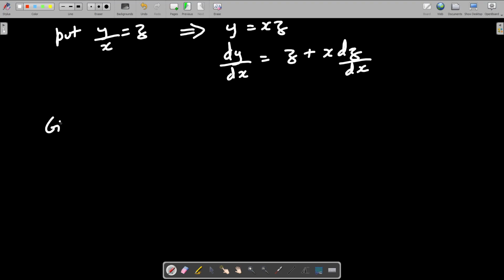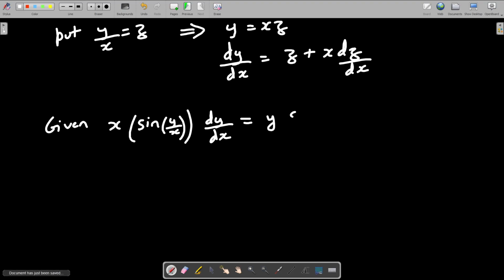We are given x times sine of y by x dy by dx equals y times sine of y by x plus x. So what I'll do, I'll divide both sides by this term.